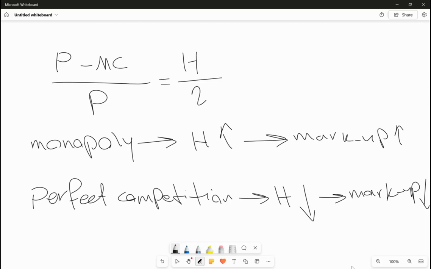One firm decides first, and then the other firm, after observing the first firm's decision, makes its decision. So the difference between Stackelberg and Bertrand and Cournot is that under Cournot and Bertrand, both firms decide at the same time, but under Stackelberg, it happens sequentially.